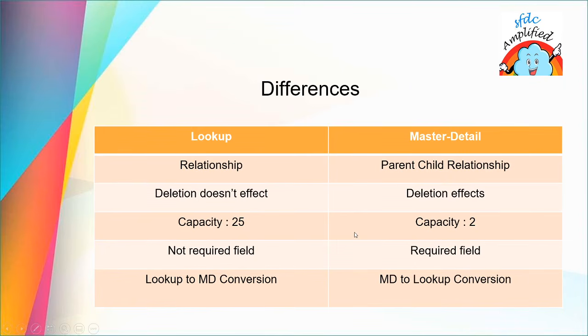Then capacity: on an object, we can create only two master detail fields, whereas for lookup, we can create up to 25 lookup fields. And master detail is a required field, so without filling it, we won't be able to save the record. Whereas with a lookup field, with a few changes, we would be able to convert lookup to master detail relationship, or vice versa.